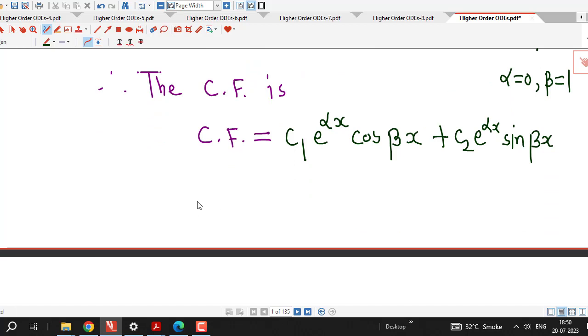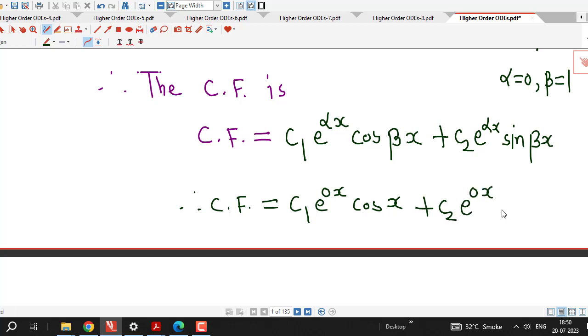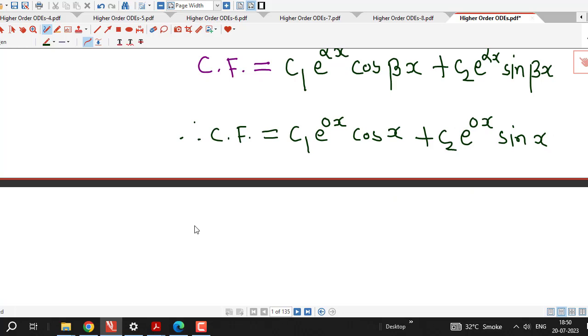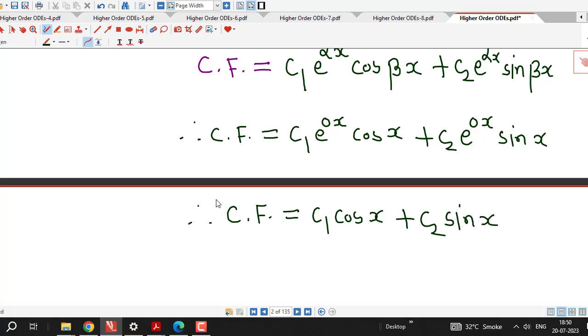Here alpha is 0 and beta is 1, therefore the complementary function is c1 e raised to 0x cos x plus c2 e raised to 0x sin x. E raised to 0x is 1, therefore the complementary function is c1 times cos x plus c2 times sin x.